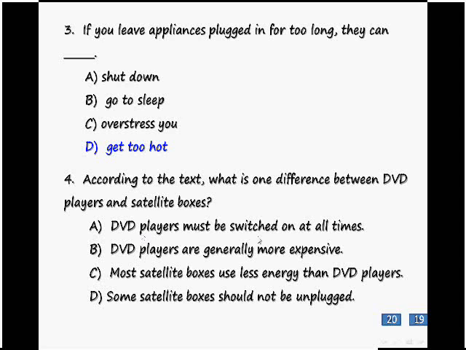A. DVD players must be switched on at all times. B. DVD players are generally more expensive. C. Most satellite boxes use less energy than DVD players. D. Some satellite boxes should not be unplugged.